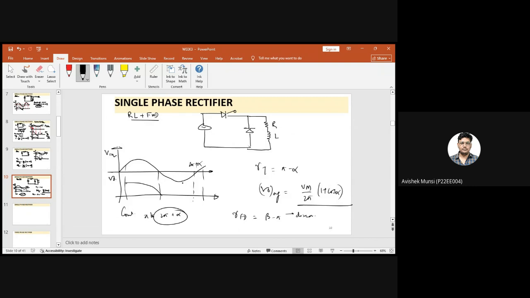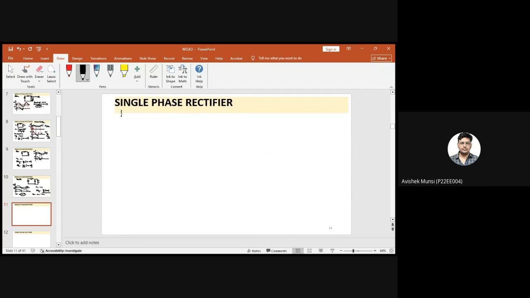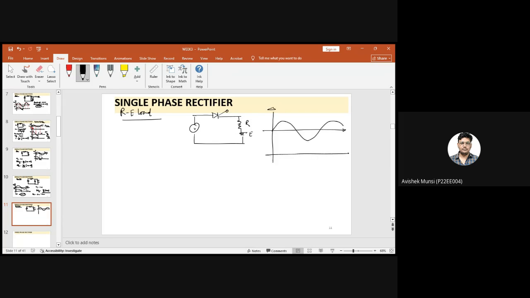Okay. Now what will happen if we consider an RE load in case of a half-wave controlled rectifier?